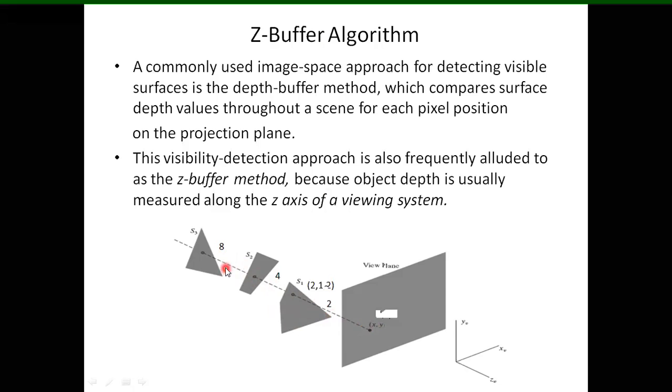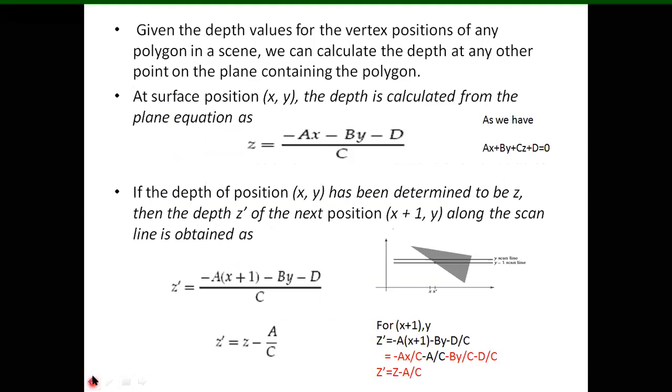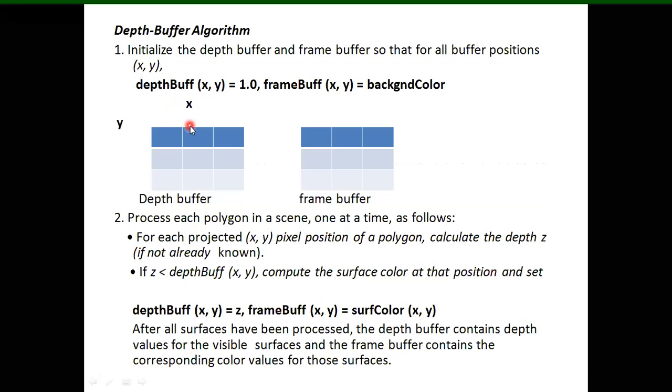For each surface I will compare the z values. Wherever z is less, that z value I will add to my frame buffer. For each x, y I will add that value to the frame buffer, and those pixel positions x, y and the z values will be the front faces.